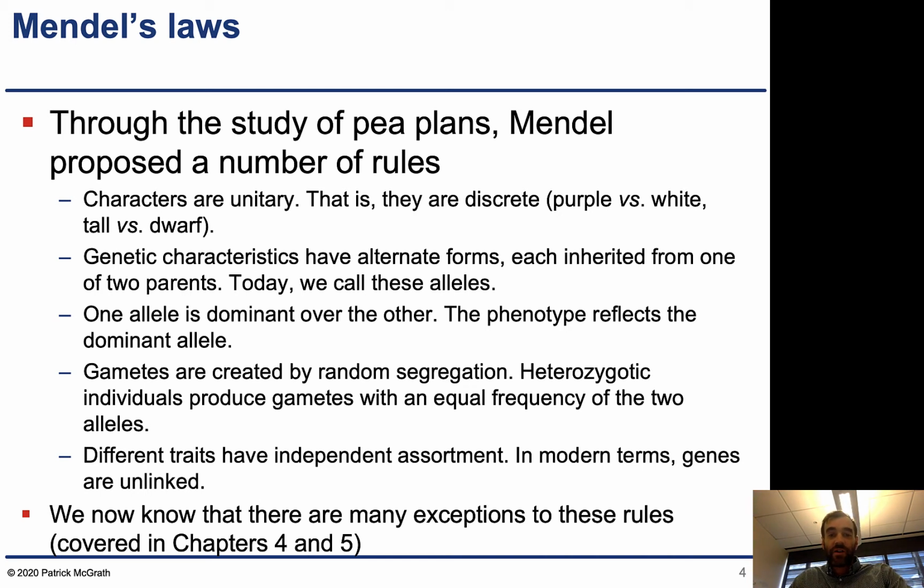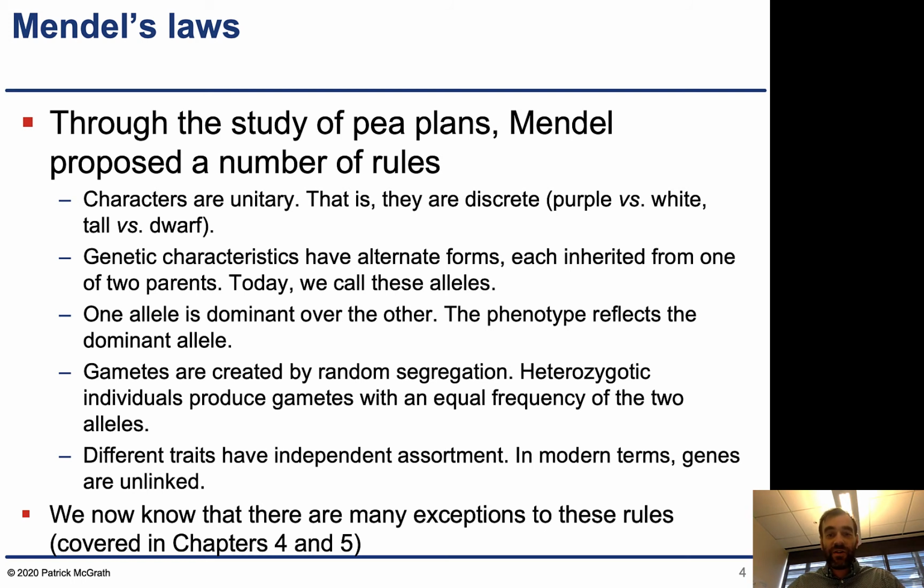So characters are purple versus white, tall versus dwarf. We're not looking at the continuum. We're looking at characters that are binary in nature, or at least discrete in nature. This can be distinguished from things like human height, which has a quantitative nature to that phenotype.